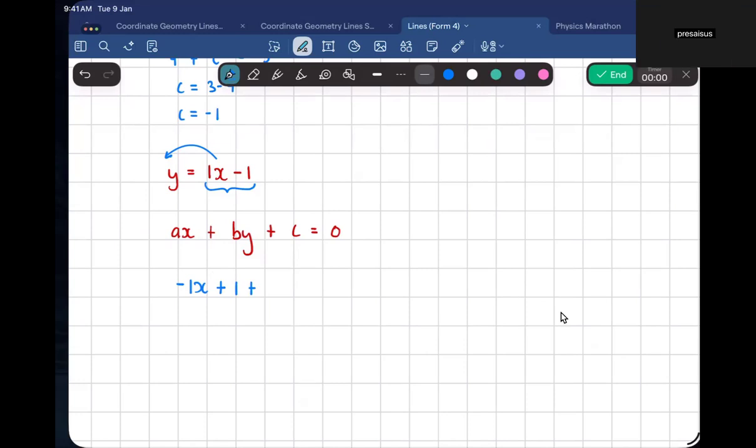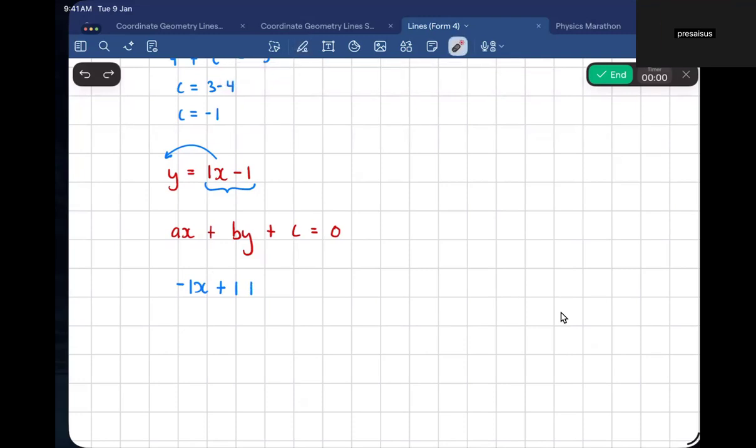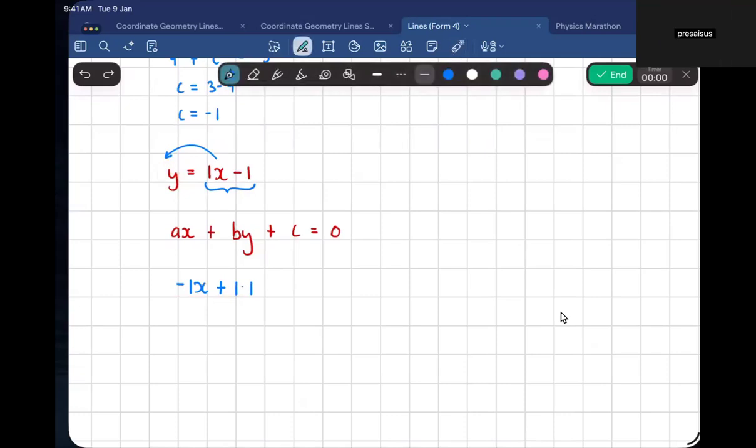Plus y. Let me make sure I'm clearing up that confusion, right? We're taking this and just moving it across. That's all. So it turns to minus 1x plus y plus 1, and the y was over here and the y is positive, so we say plus y. Plus 1y. Yep.